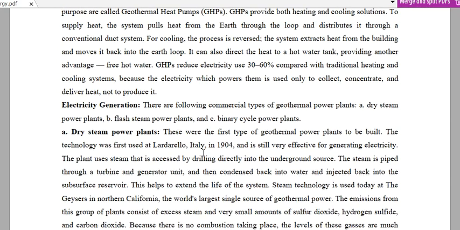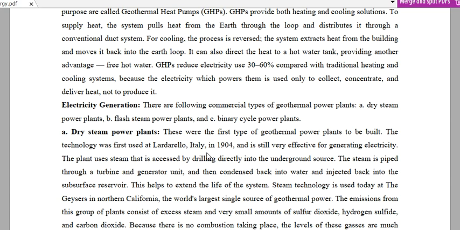So obviously dry steam power plants are used where vapor dominated systems are found. So these were the first type of geothermal power plants to be built. The technology was first used at Lardrello, Italy in 1904, and it is still very effective for generating electricity.